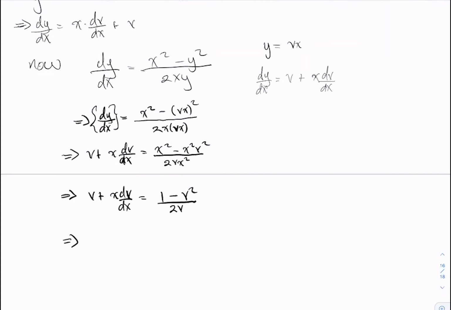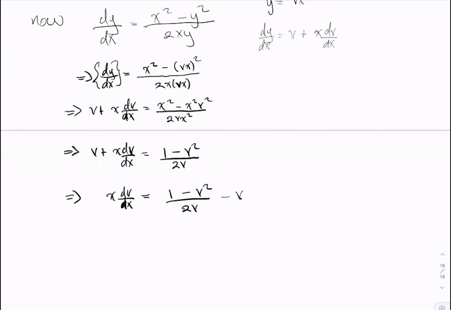So this then gives us x dv dx is equal to 1 take away v squared divided by 2v minus v, right? Which means that x dv dx is equal to 1 minus v squared over 2v minus 2v squared over 2v.